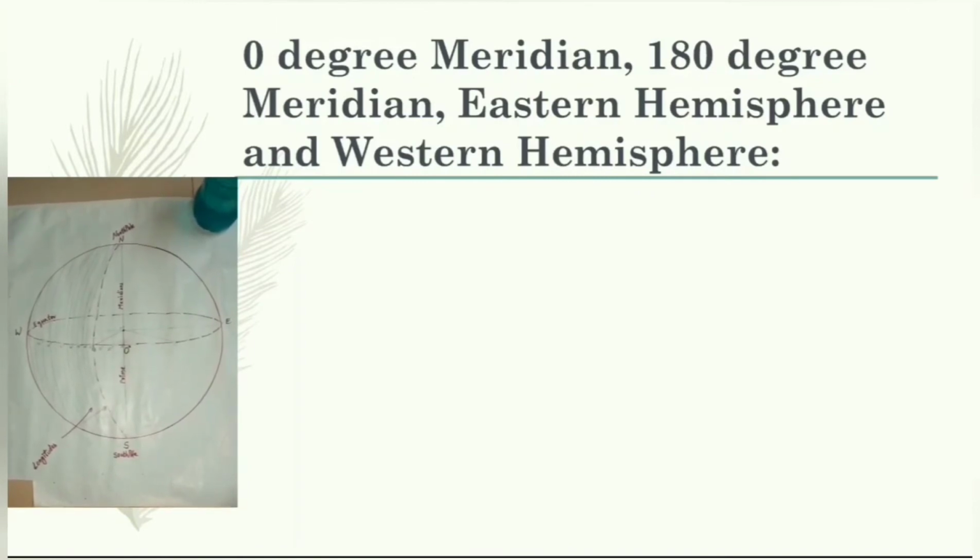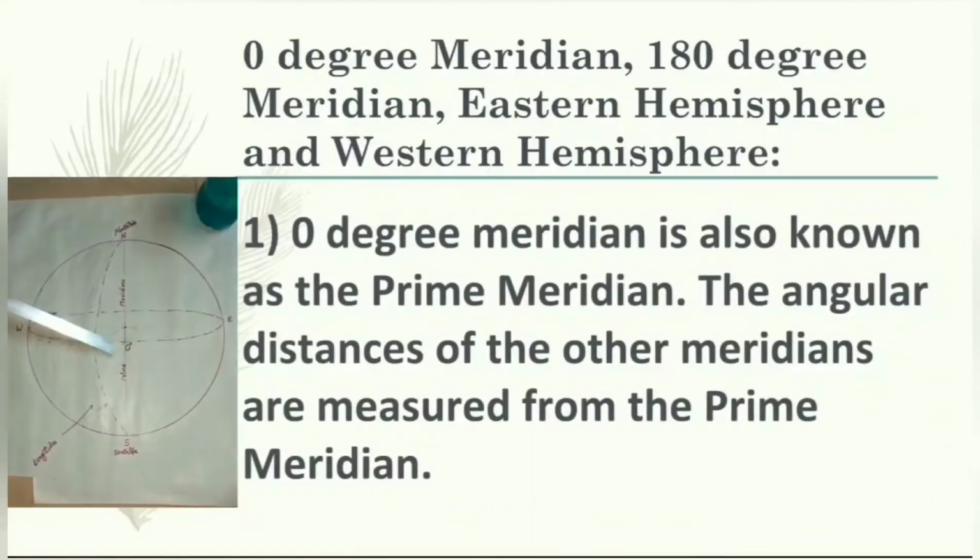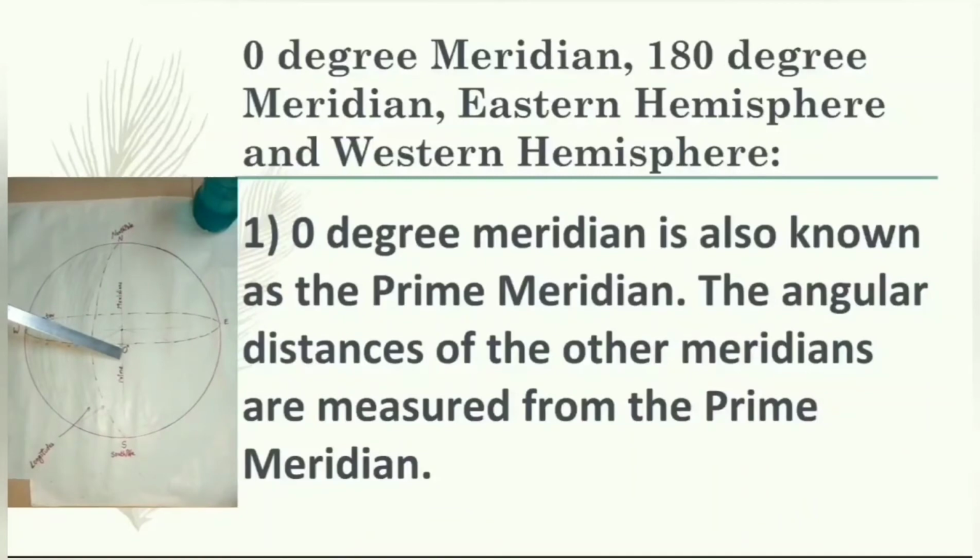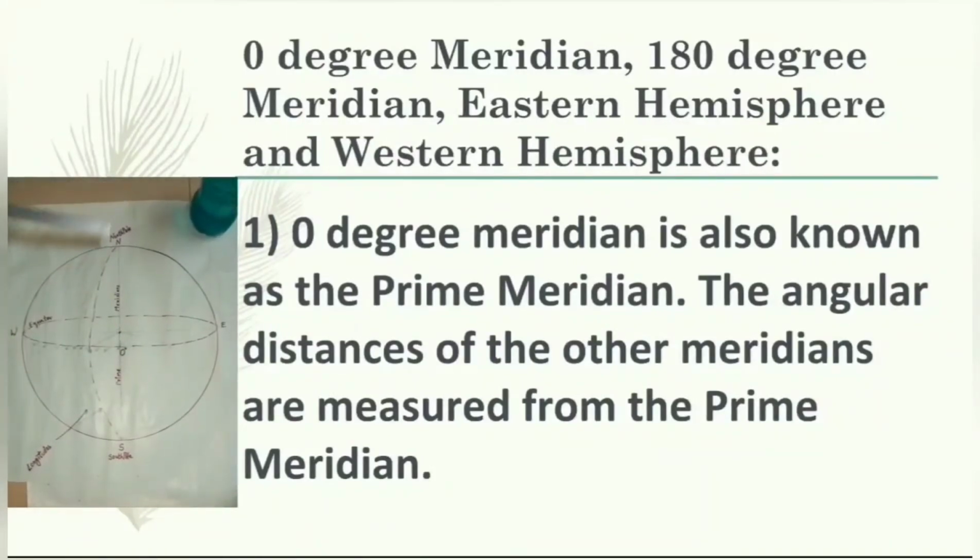First point, 0 degree meridian. Here, you can see 0 degree. This 0 degree meridian is known as the prime meridian.